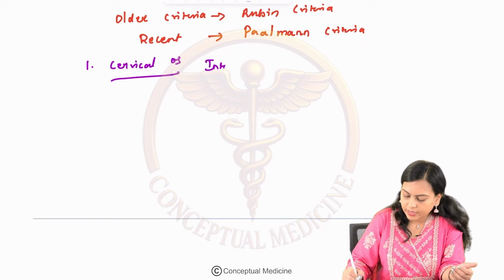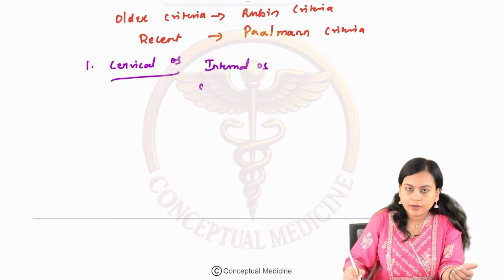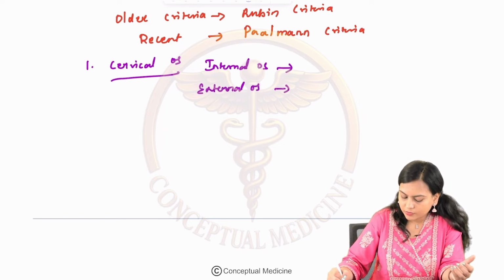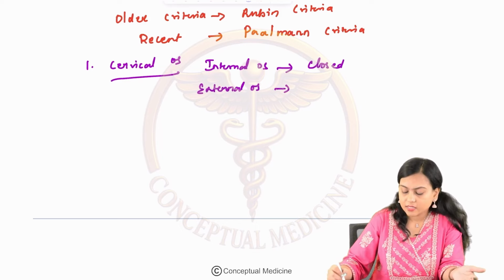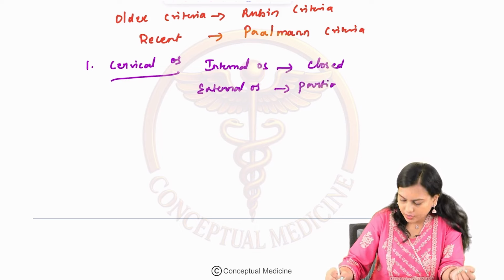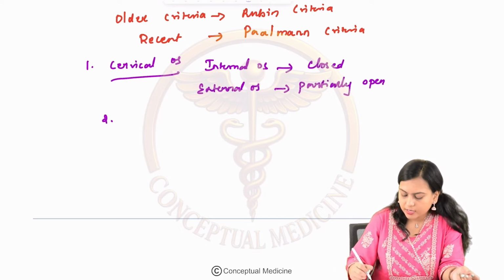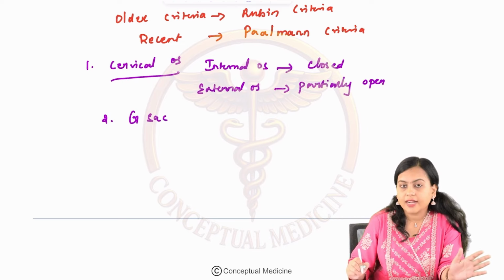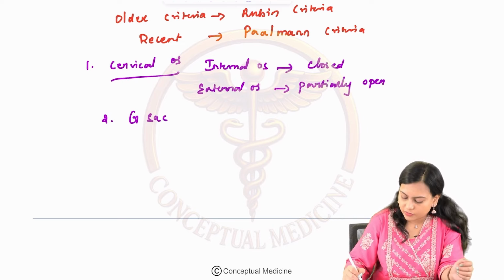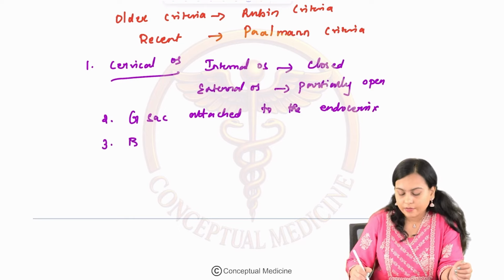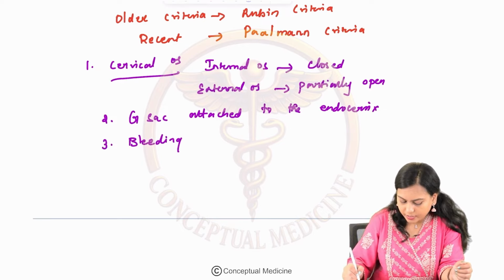You will have an internal os and an external os. The internal os will be closed and the external os will be partially open, and the G-sac will be seen attached to the endocervix, and as we have already seen, bleeding can be present.